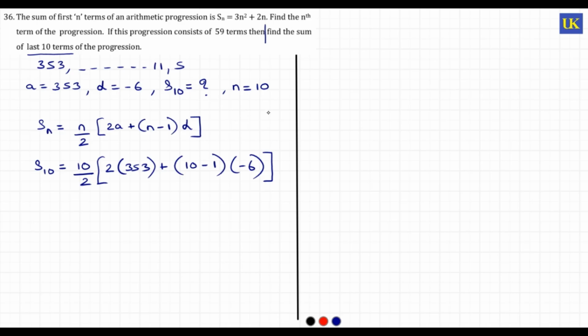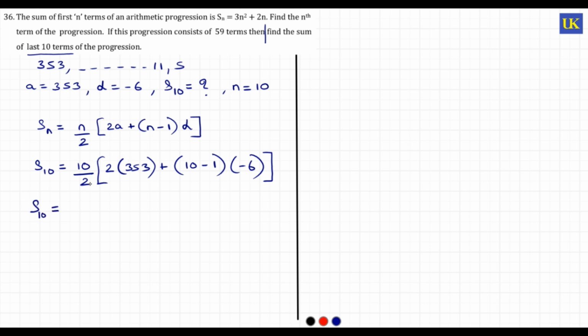So remember, when we are going from beginning to the end, we go on adding the common difference. But when we are coming in a reverse way from last to first, then we have to go on subtracting the common difference to get the next values. Okay, so this is the logic, you remember.